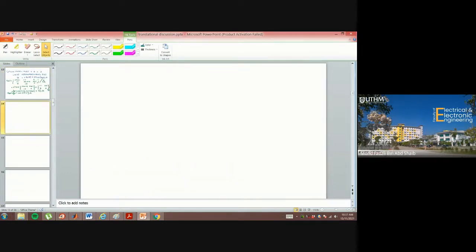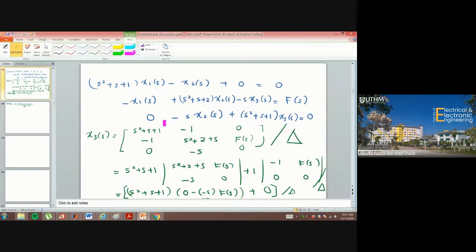X3(s) equals s times s squared plus s plus 1 times F(s) over the determinant. This one, see?